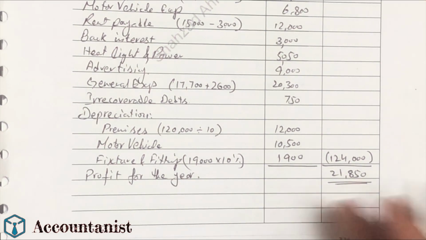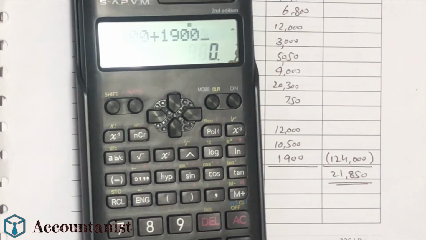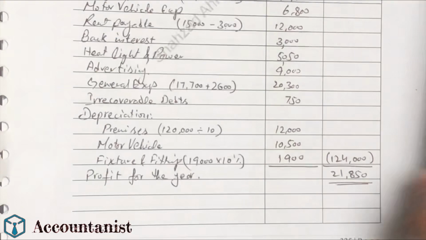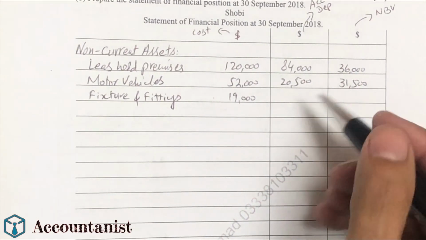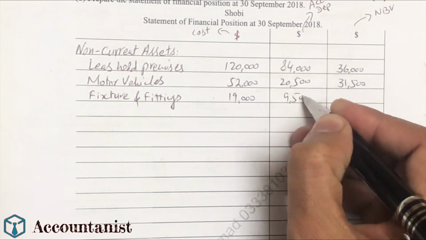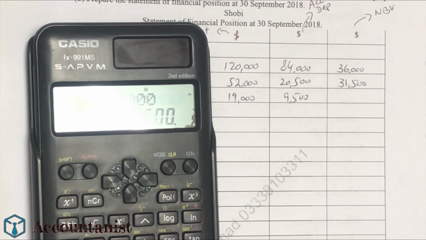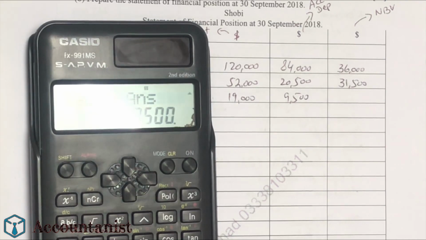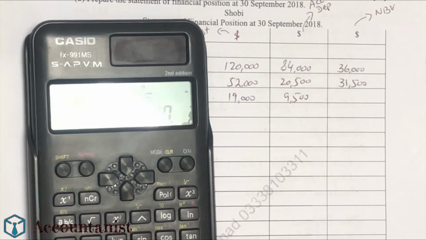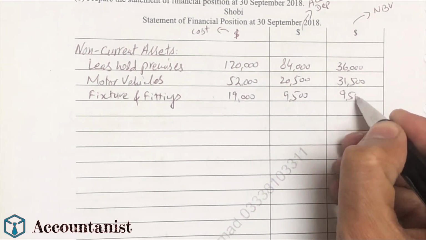So I will add this up, 7,600 plus 1,900, which gives me the total of 9,500. So I will write down this figure here, 9,500. So I will deduct this from the cost value. So 19,000 less 9,500 will give me the balance of 9,500. So it's exactly half of the amount.